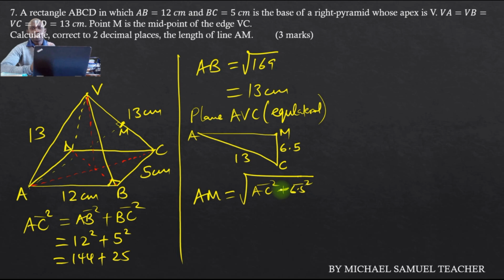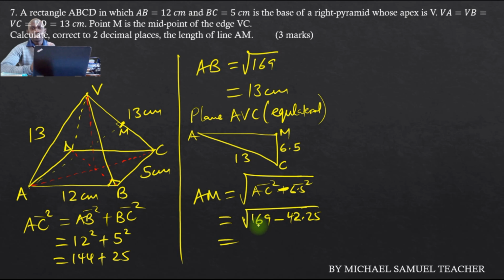So this is square root of 13 squared, that is 169, minus 6.5 squared, that is 42.25.